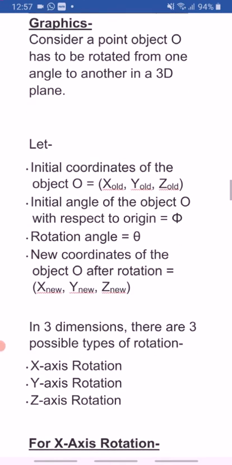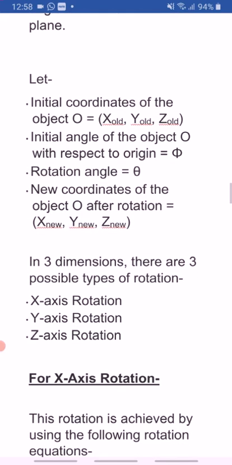And the initial angle will be represented using phi. Then the rotation angle, that is the angle to be rotated, is represented using theta, and the new coordinates are represented using x new, y new, z new.